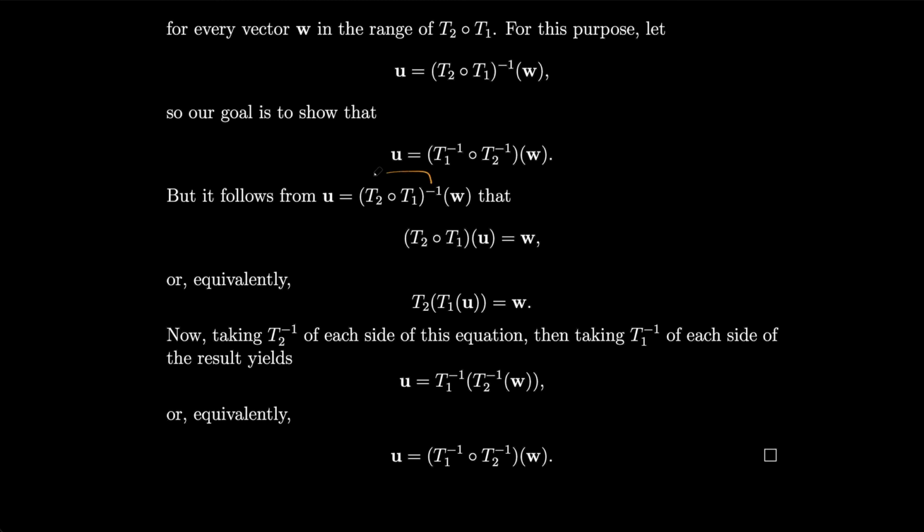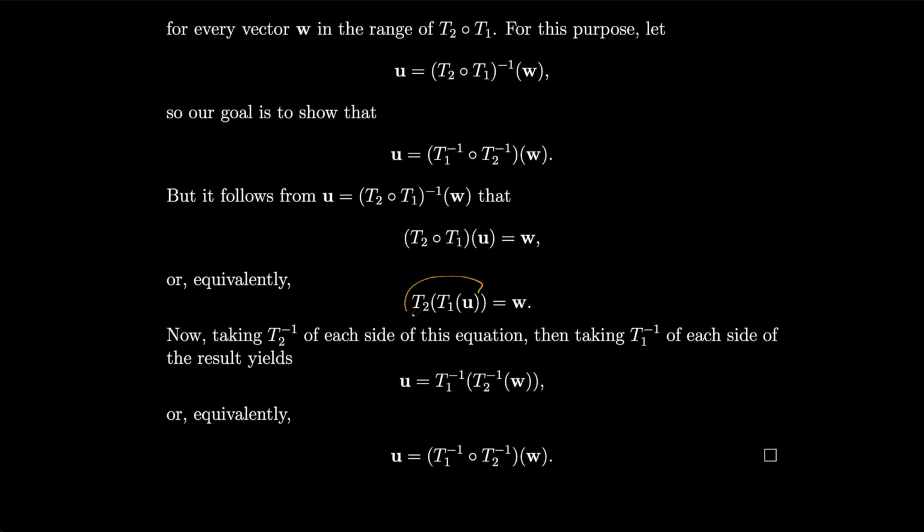Okay, so we have that u is equal to T2 circle T1 inverse of w. So that means that T2 circle T1 of u is what produces w, right? Because if u is the inverse of w being plugged in, then that means applying the original T2 circle T1 to u is what produced the w. Right, you just go backwards.